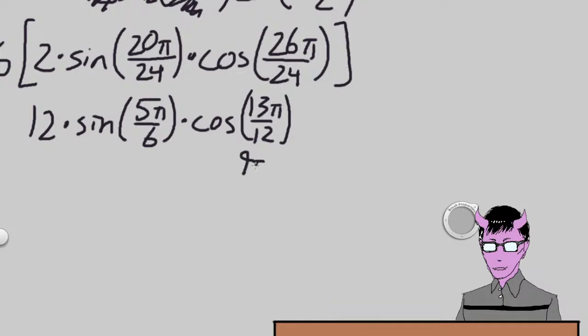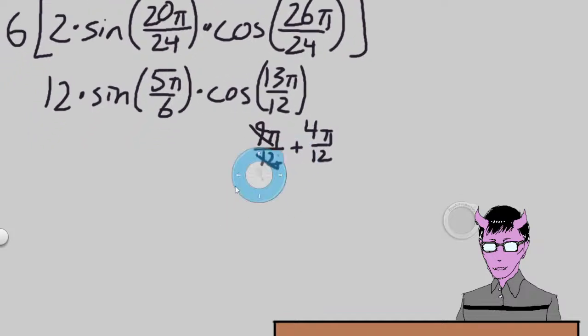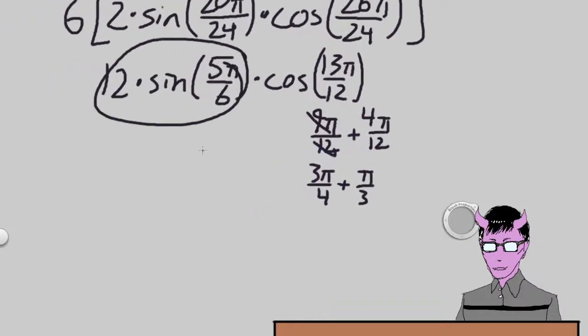Alright. So you have 9 pi over 12 plus 4 pi over 12 inside the cosine. So I'm just going to go ahead and simplify this right away. So it's going to be 3 pi over 4 plus pi over 3. That's inside the cosine. These ones are already nice, so we're going to leave them as is.